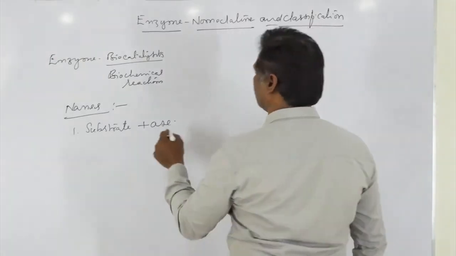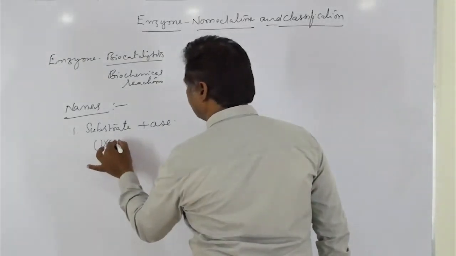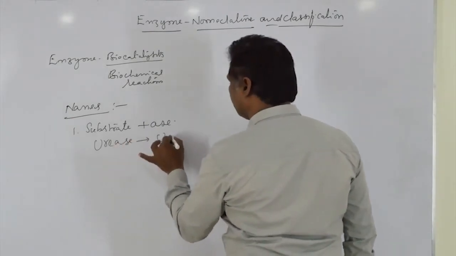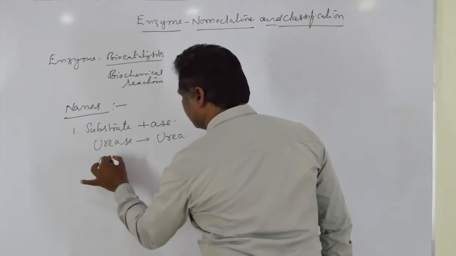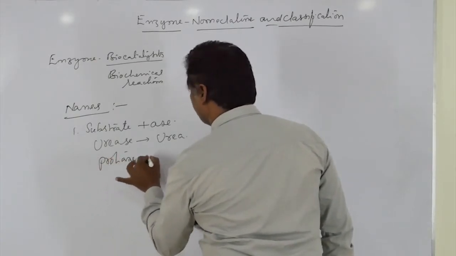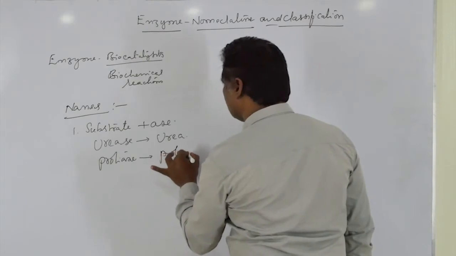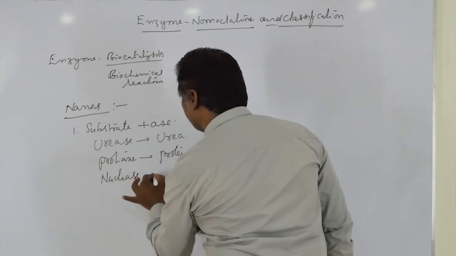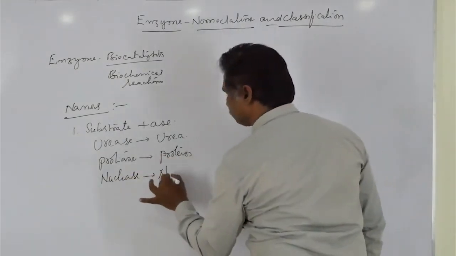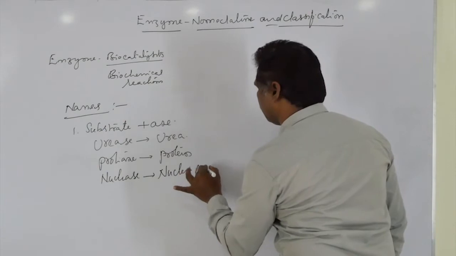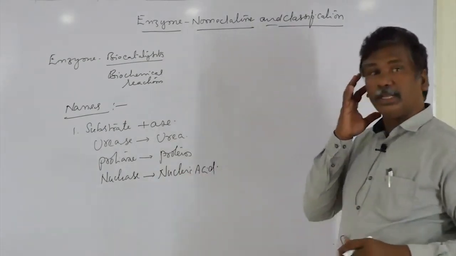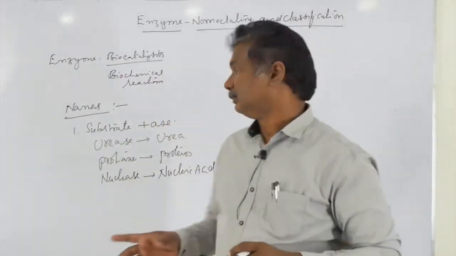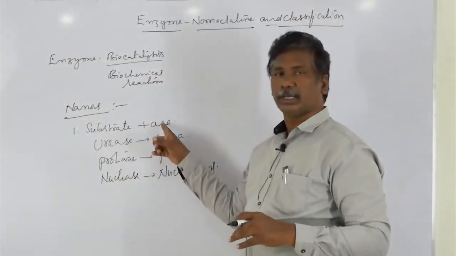For example, the enzyme urease acts upon urea, protease acts upon proteins, and nuclease acts upon nucleic acids. In this way enzymes are named, based on the substrate and ase.